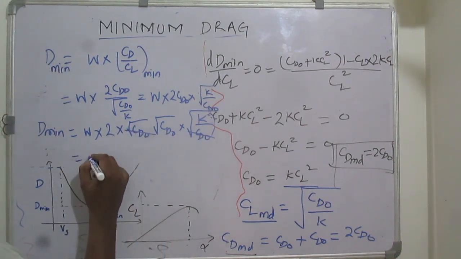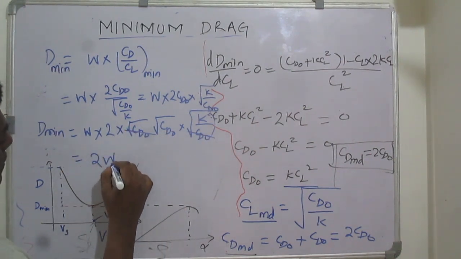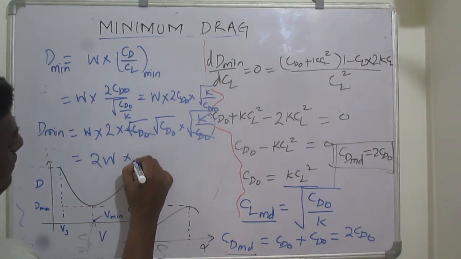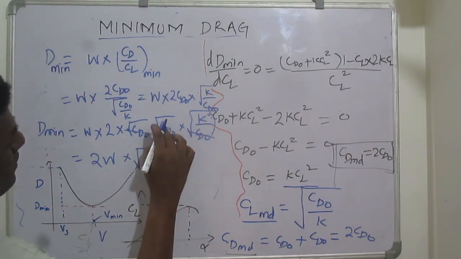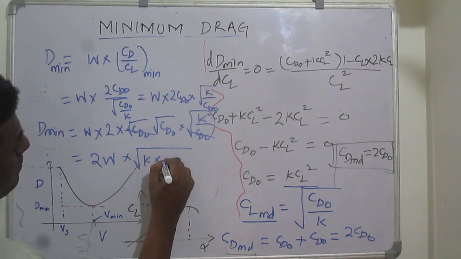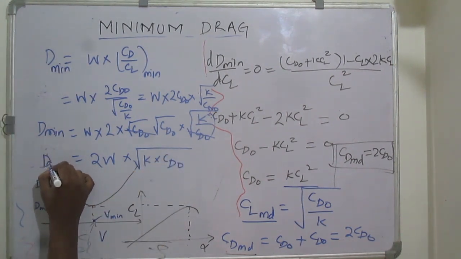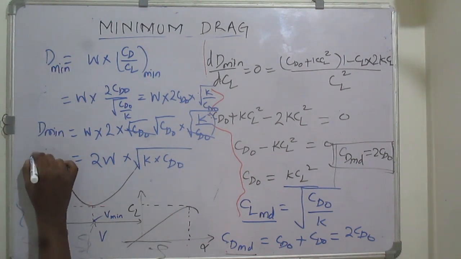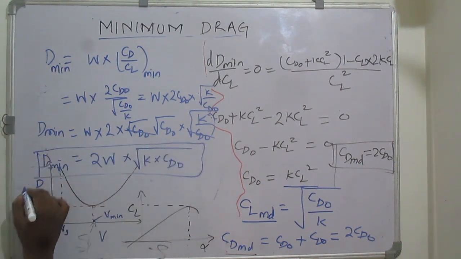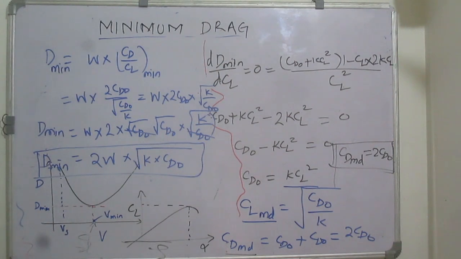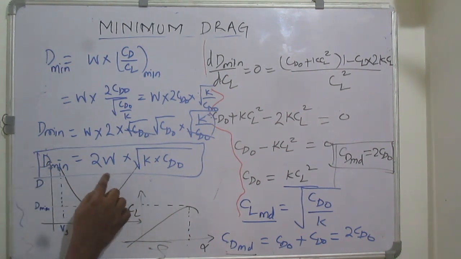The remaining will be 2W into the square root of K into CD naught. So this is the drag minimum, and we can obtain it by using this expression. So we got all the expressions: the CL at minimum drag, the CD at minimum drag, and also the total minimum drag.